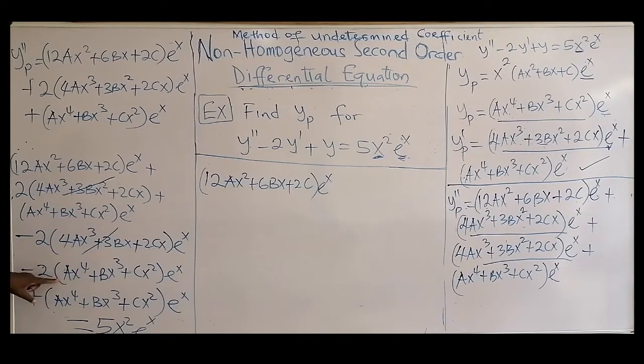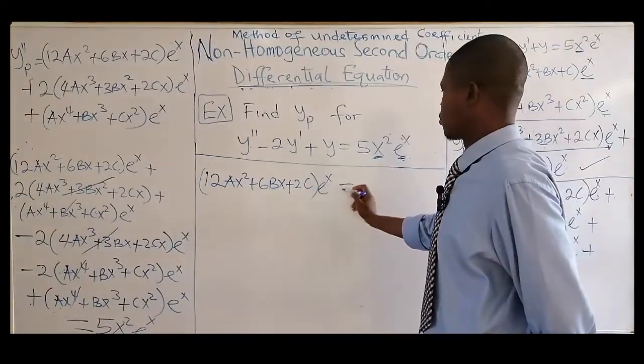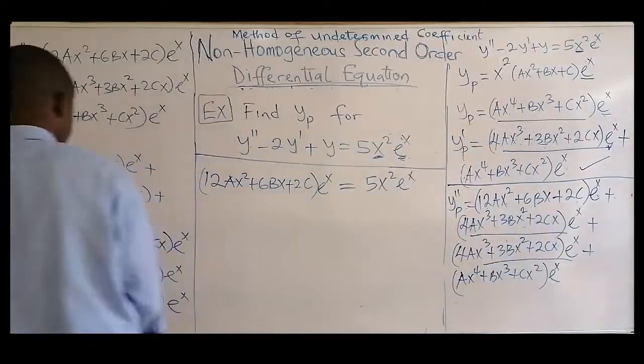And with this one, are they not the same? They are the same, so it cancels out. So the content is the same: this is 1 here, this is 1 here, that's 2. And check this one also, this is minus 2. So this one with this one cancels out, so we only have this one remaining. That's equal to 5x²eˣ.